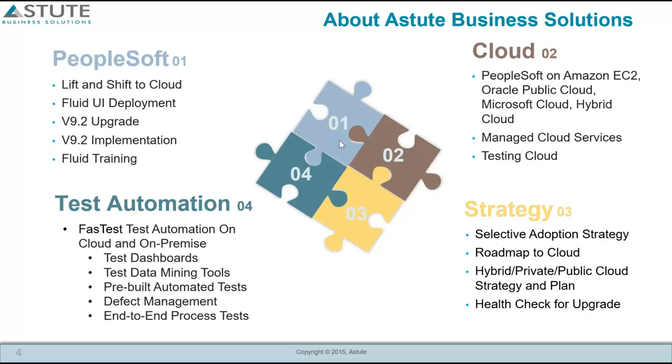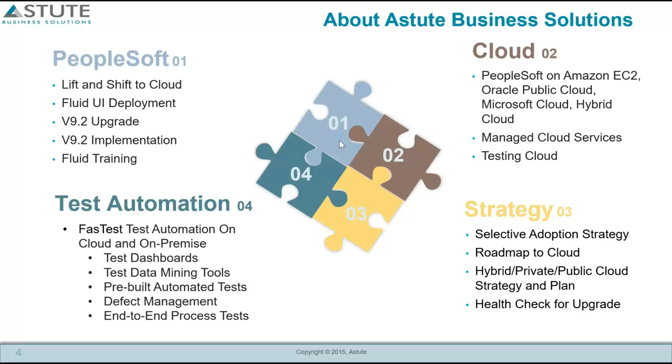Test automation is going to be a recurring theme across all PeopleSoft needs, whether you are implementing, upgrading, creating new instances for development, or integrating new applications. We work with customers often when there are mergers and acquisitions or they are divesting a business unit or a part of their organization. All of that requires a lot of testing. So our testing solution, FastTest, which leverages PeopleSoft Test Framework, has been successfully implemented by healthcare customers, financial services customers, public sector customers like government, nonprofit organizations, and a long list of other customers.